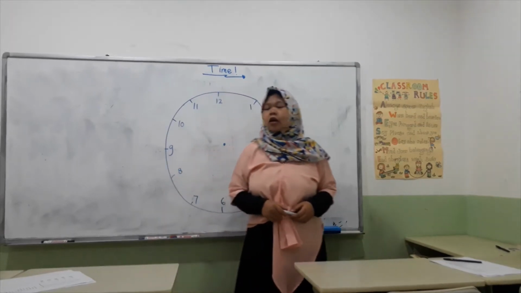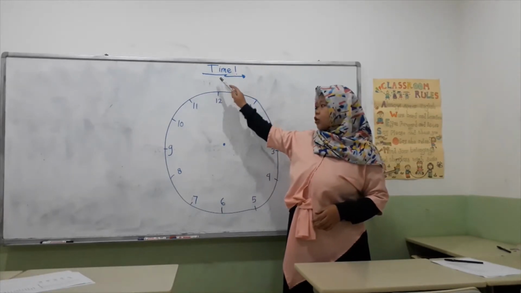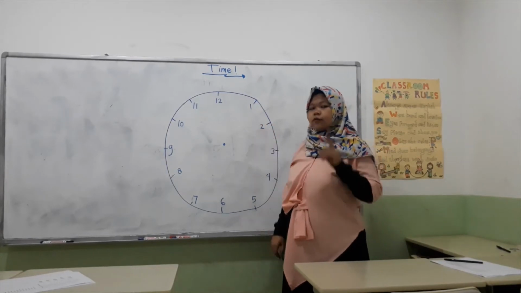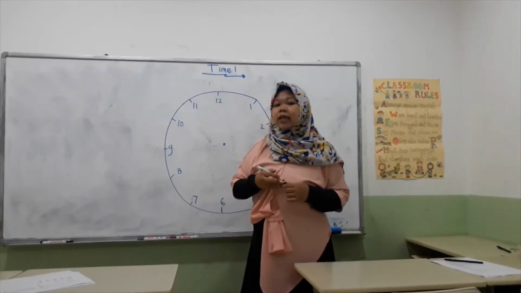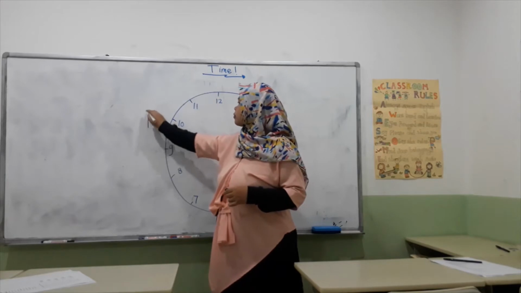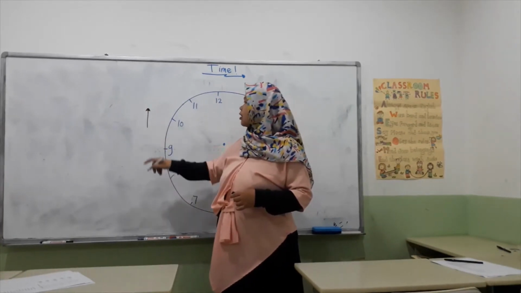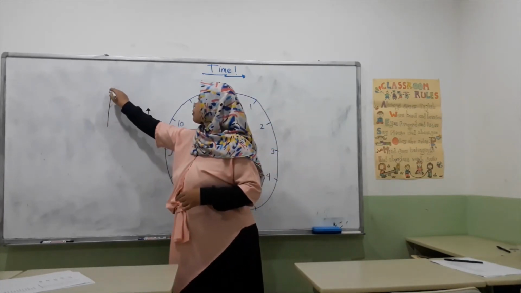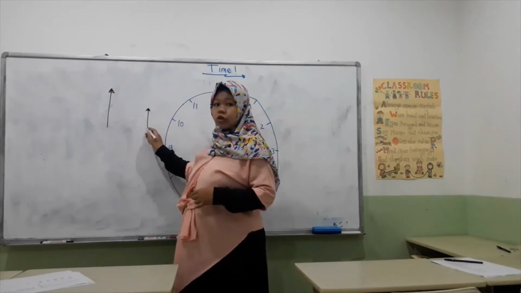So today we are going to talk about time using this giant clock. First, what you should know is there are two arrows in the clock, right? The short one and the long one. This is long, this is short.